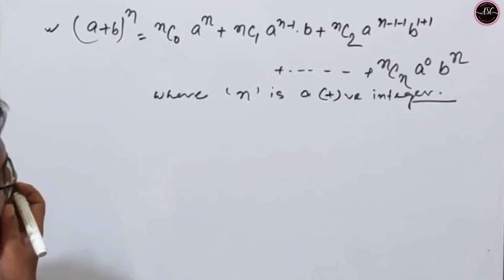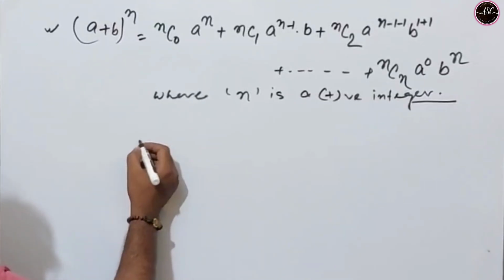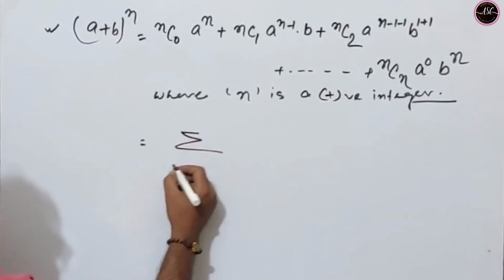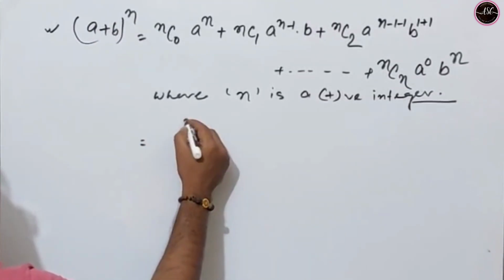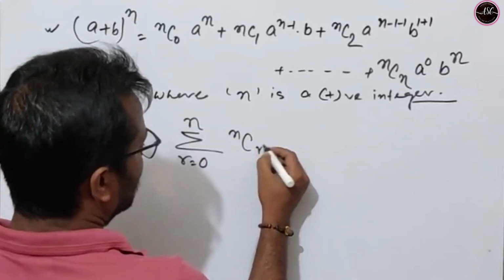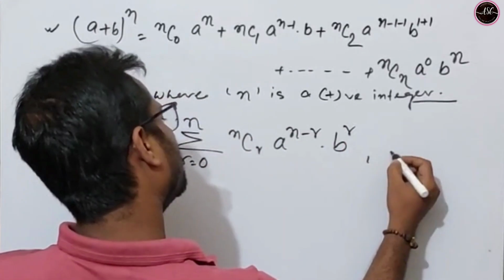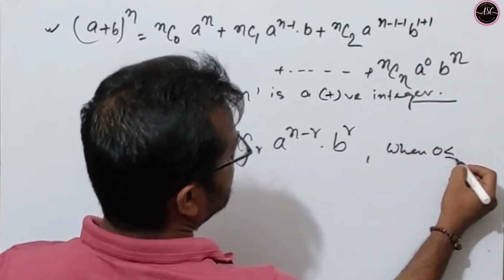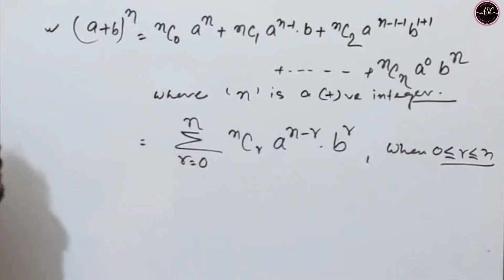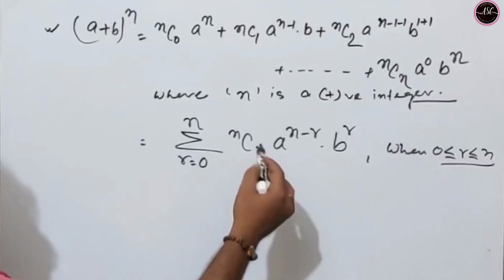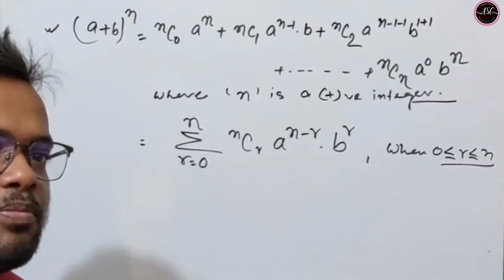Now in general we can write this as summation r equal to 0 to n NCR a to the power n minus r dot b to the power r, where 0 less than or equal to r less than or equal to n. This formula will help us to solve various problems in this chapter.